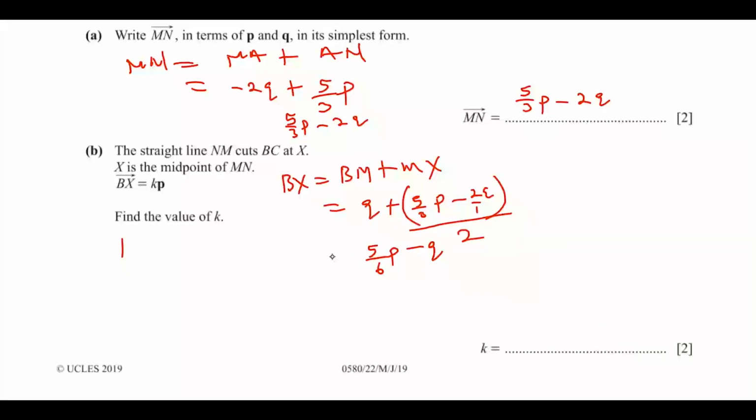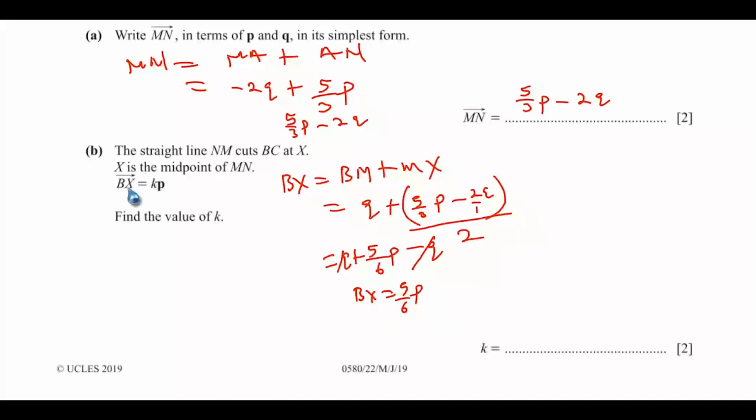So BX equals q plus this. So this is the value of BX. We can simplify this. We cancel q with negative q, so we are left with 5 over 6p. So BX is equals to 5 over 6p.